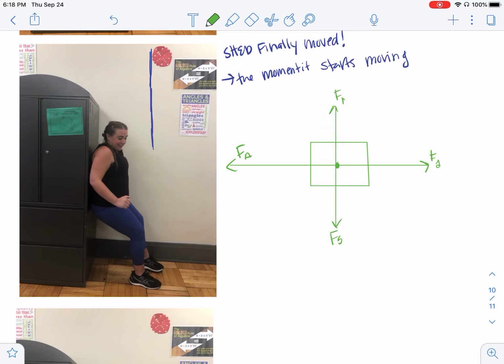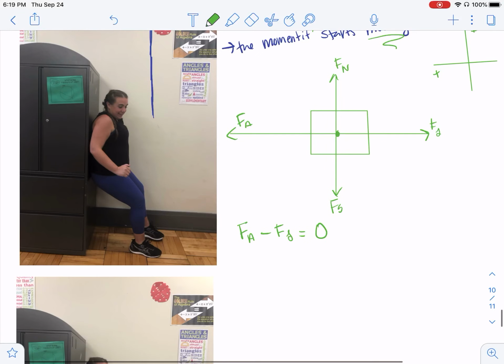Now, once again, you might be going, why are you still using static if it's moving? I'm saying the moment it starts moving, or even the moment right before. So when we hit that threshold, we now say, same thing, doing my sum of forces, I'm still going to say it's 0, but because I know I'm about to start moving, it's that moment before, I know that what I've hit is my Fs max.